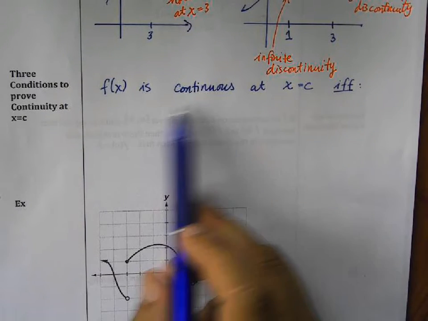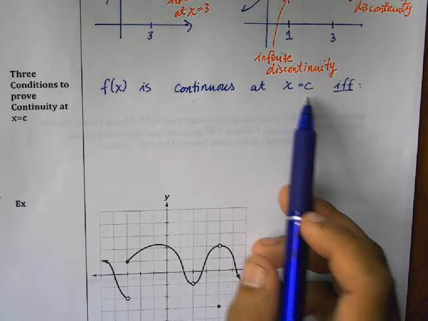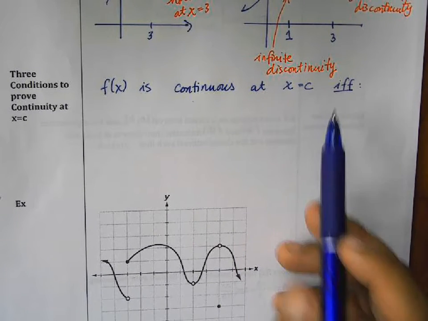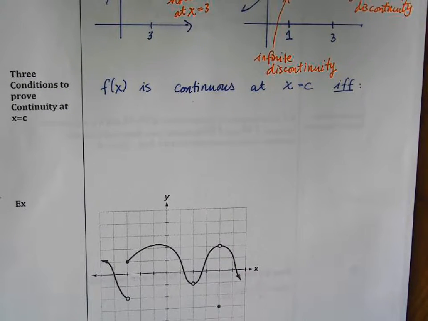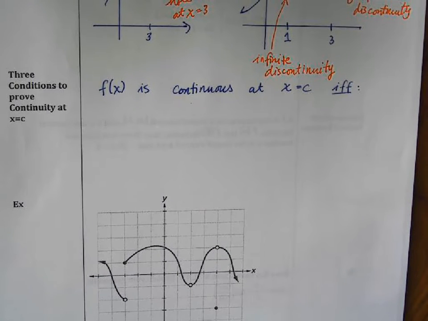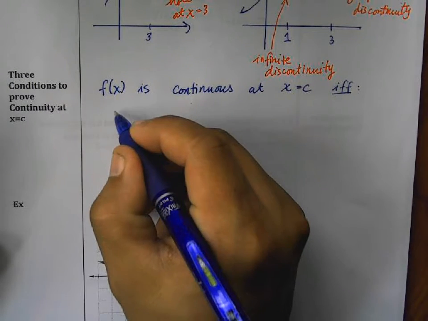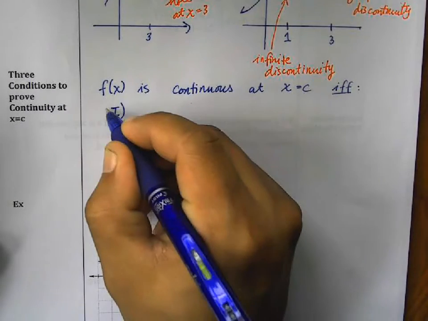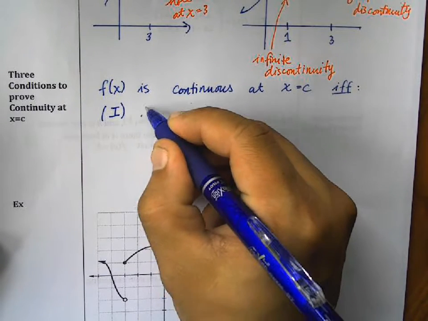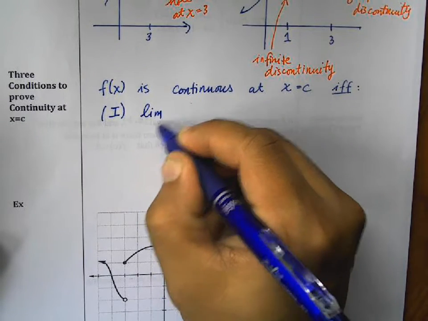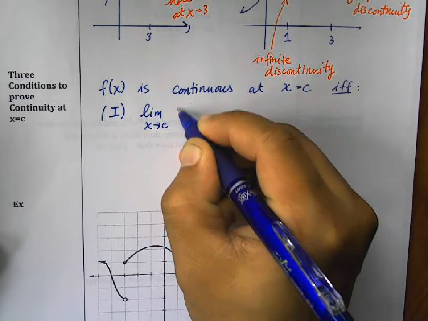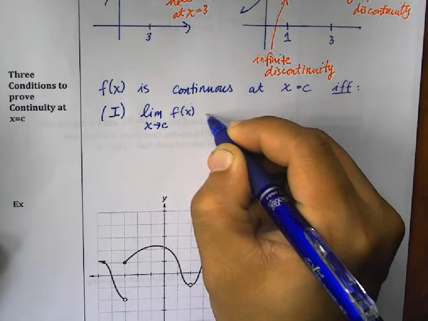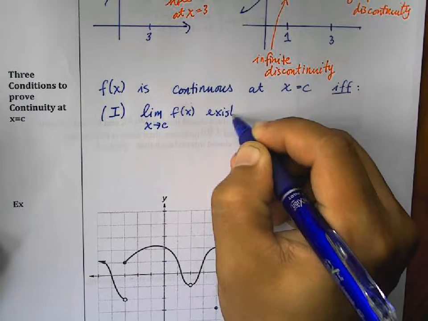A function f is continuous at some point c if and only if the three following conditions are met, and all three of these conditions have to be satisfied. First, Roman numeral 1, the limit as x approaches c of f of x exists.